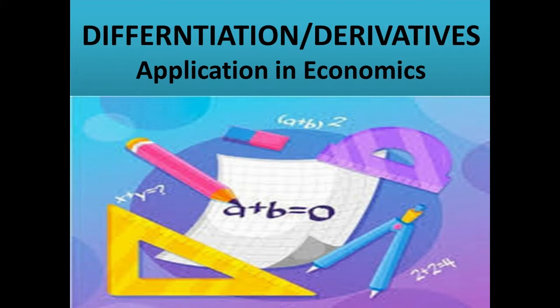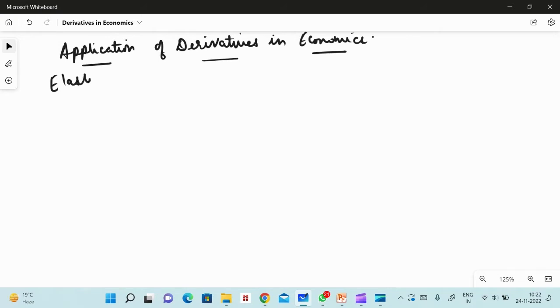So, let's discuss that. The first topic which we are going to cover today is elasticity of demand, and it is expressed as ED or mu D, right? So basically, we all know that the law of demand represents the relationship between price and quantity, and we all know that the relationship is in inverse form.